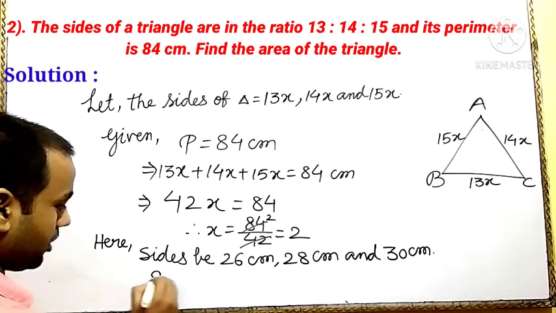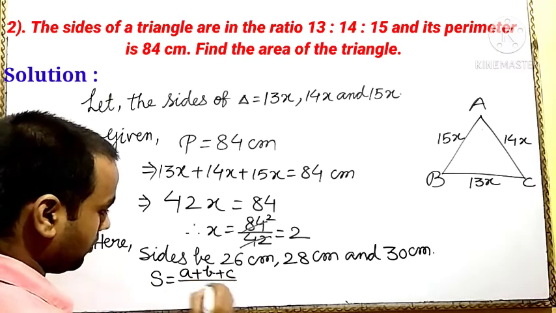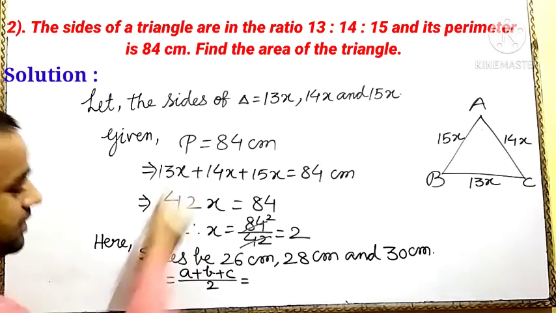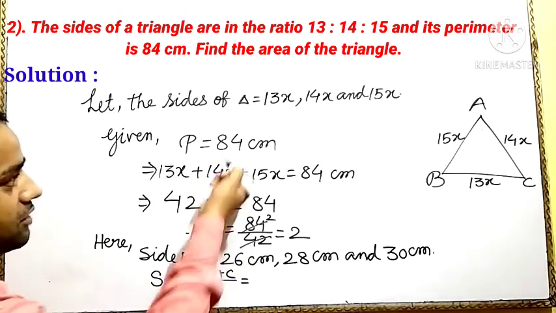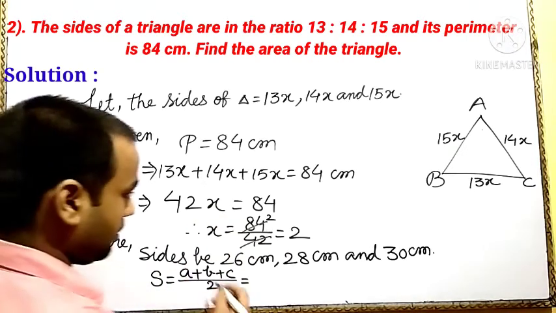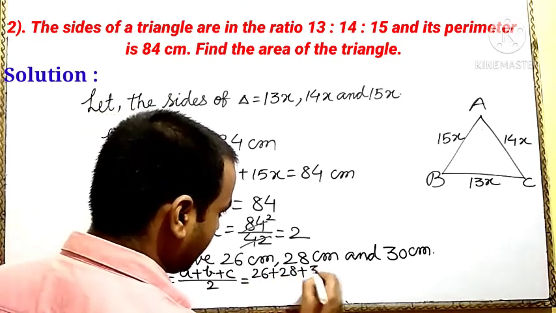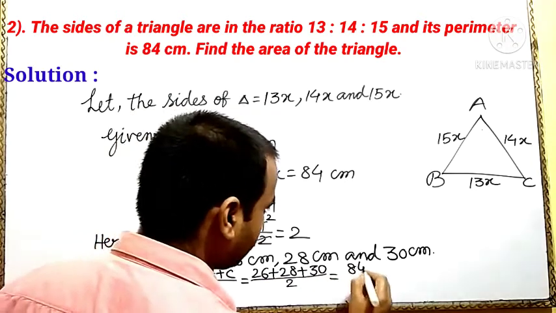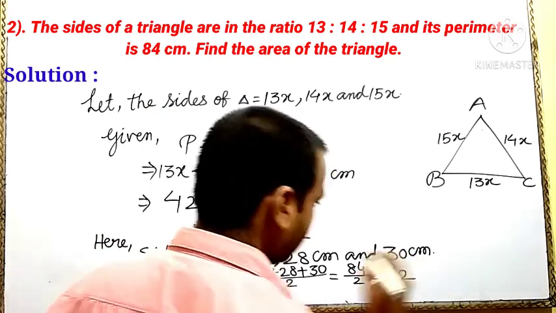S is equal to a plus b plus c upon 2. S for semi perimeter means half of the perimeter. Here the perimeter is 84, so the semi perimeter is 42. Otherwise, sum of all sides upon 2: 26 plus 28 plus 30 upon 2 is equal to 84 upon 2 is equal to 42.